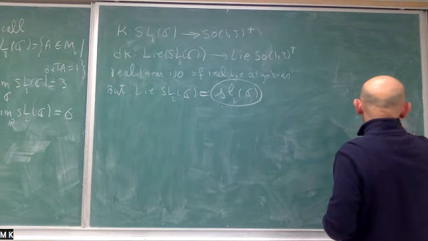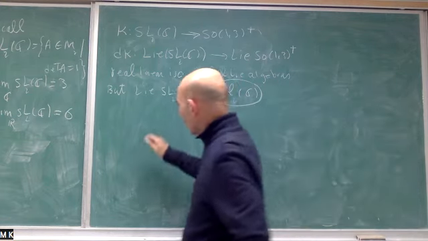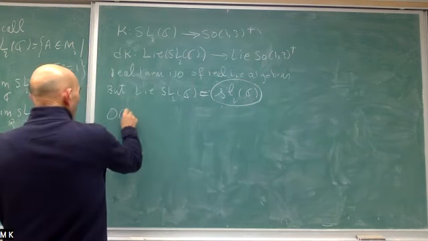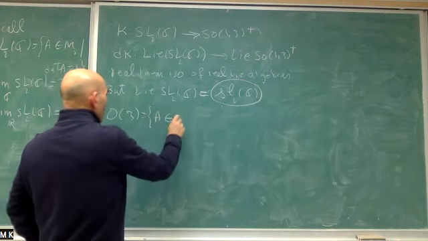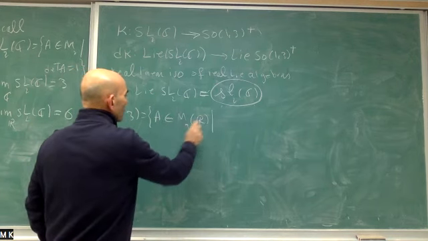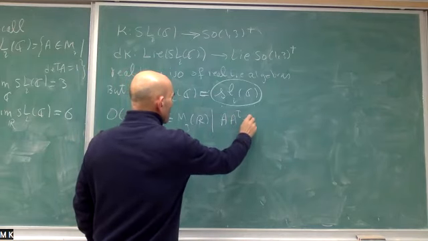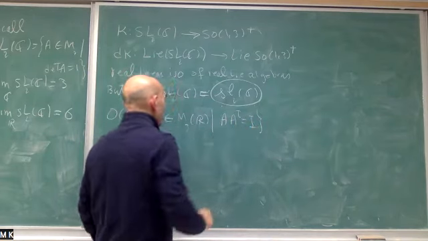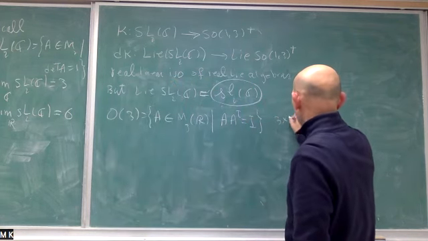So let's look at the group O(3), the set of all A belonging to M3(R) such that A transpose A is equal to the identity. So this is the 3x3 orthogonal group.